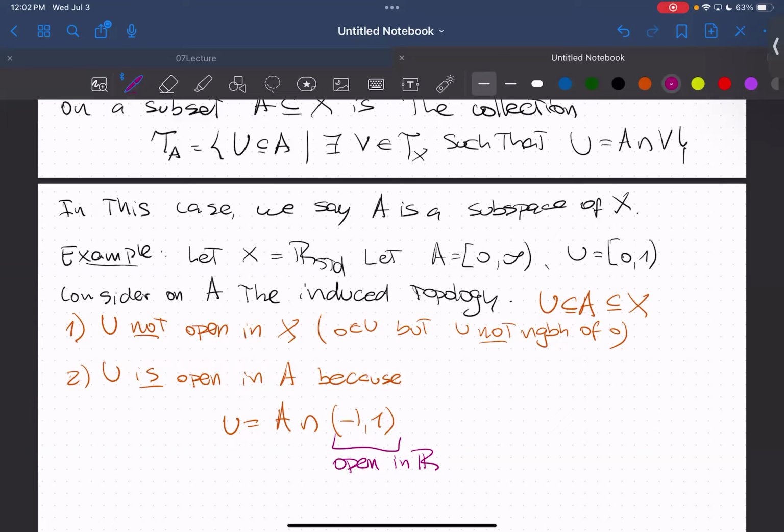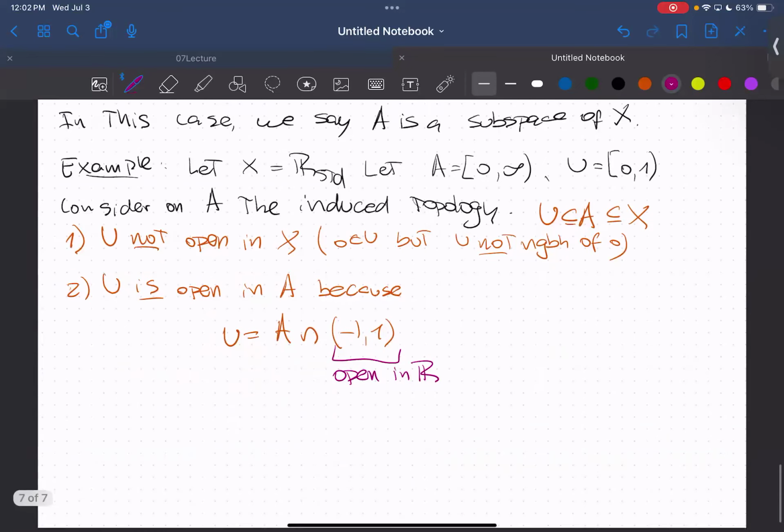So maybe you are not open in the big ambient space, but you can be open in a subspace. Okay, anyhow, that's just an example.